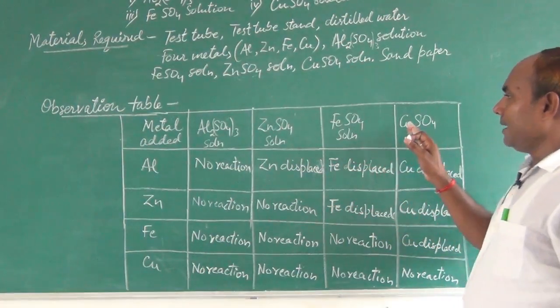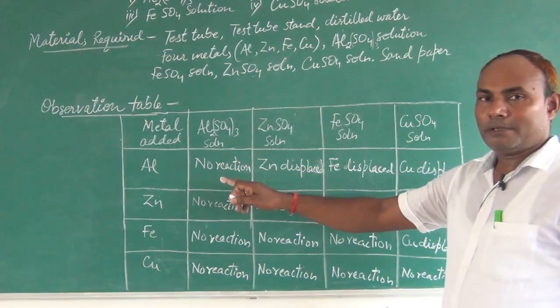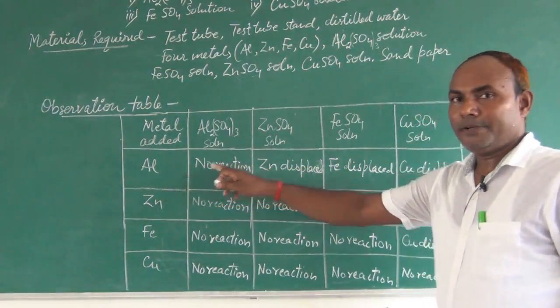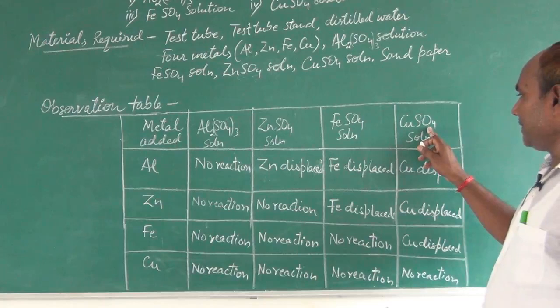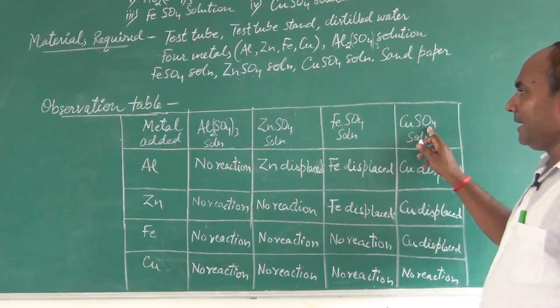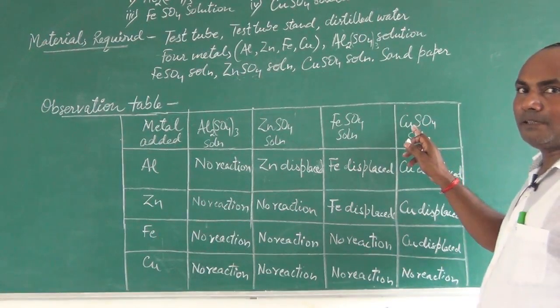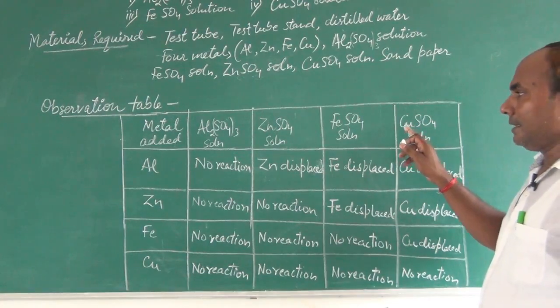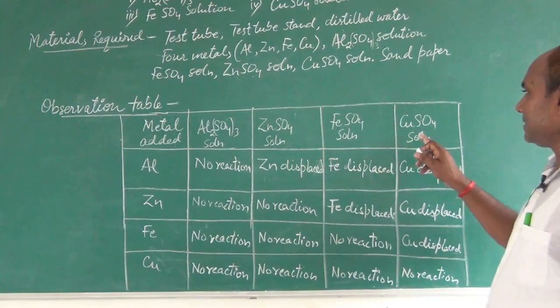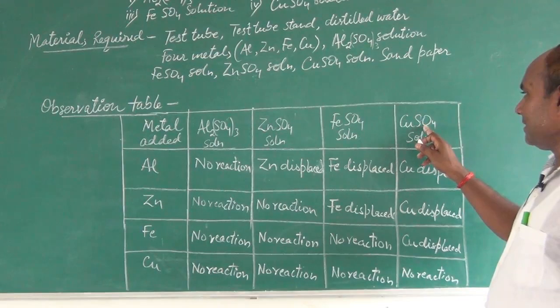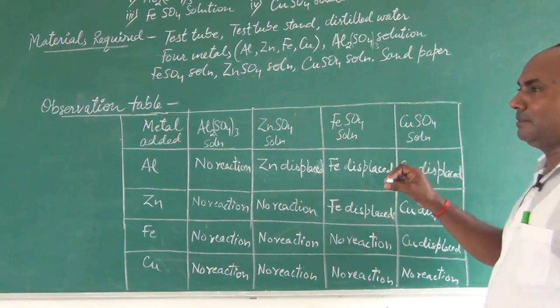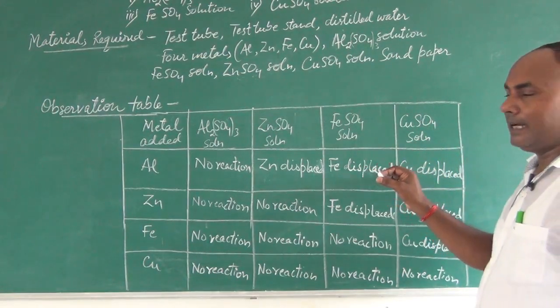Further, we have observed the action of aluminum metal with copper sulfate solution. The color of the copper sulfate solution is changed, which means aluminum displaces copper from copper sulfate solution, so aluminum is more reactive than copper.